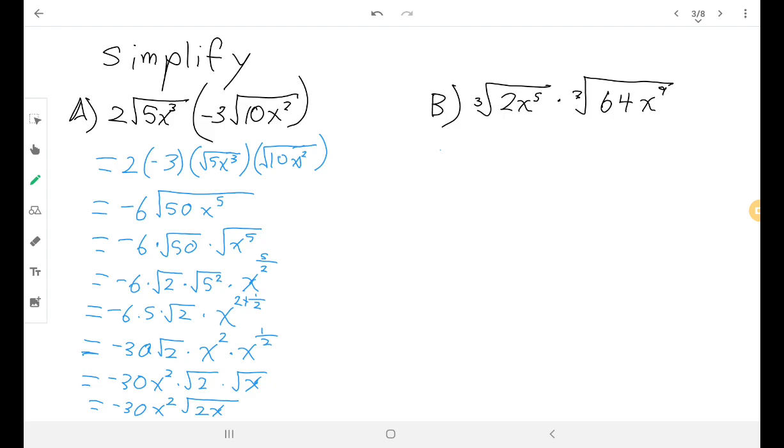So let's do this problem here. Let's do problem B. Now we've got cube roots again, and again we've got all multiplications, so let's break everything down into multiplication.